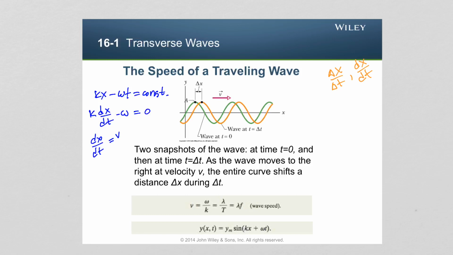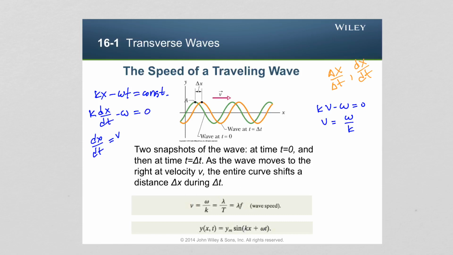And so then combining the two, I get that kv minus omega is equal to 0, or v is equal to omega divided by k. And this is the result that's shown here in the green box. So the wave speed v is equal to the angular frequency divided by the angular wave number.